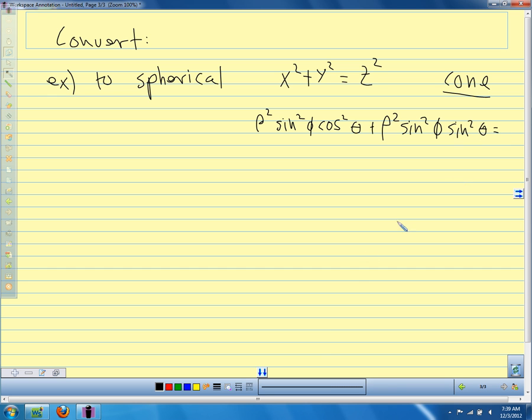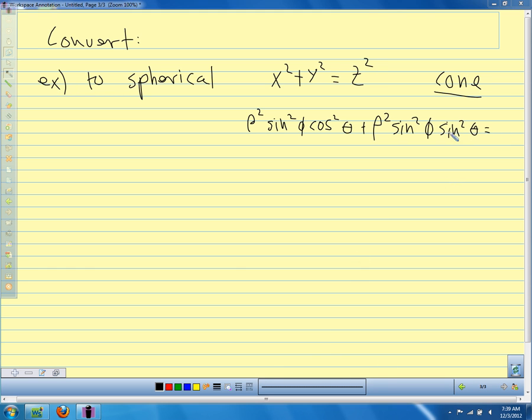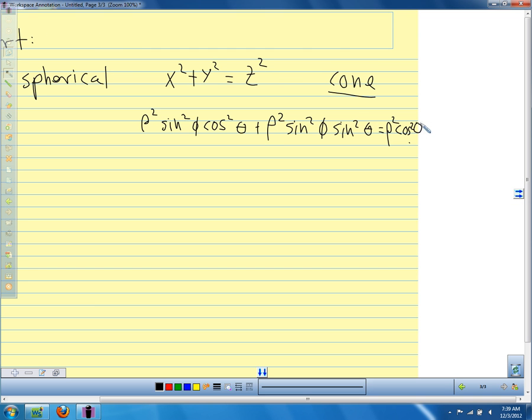And that equals rho squared cosine squared phi. Let me rewrite that. Yes. There we go.